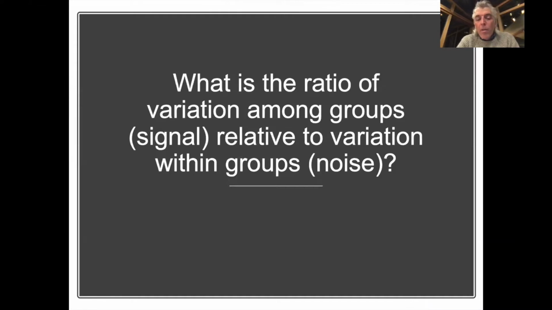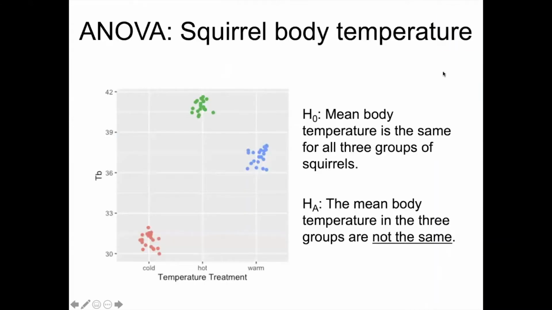If you recall, the basic idea of an ANOVA is to determine what the ratio is of variation among groups relative to variation within groups. And so we've been talking about this example where researchers exposed ground squirrels to cold, hot, or warm ambient temperatures and measured their body temperatures.